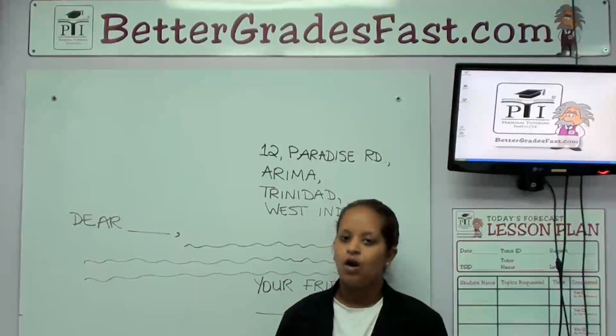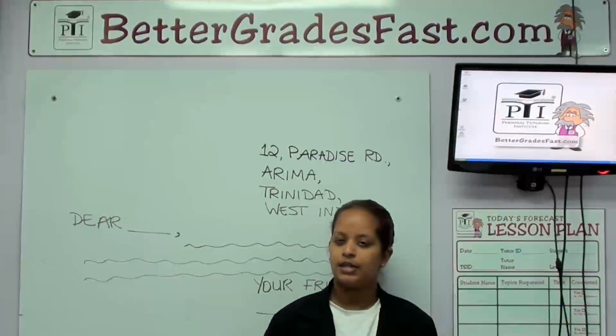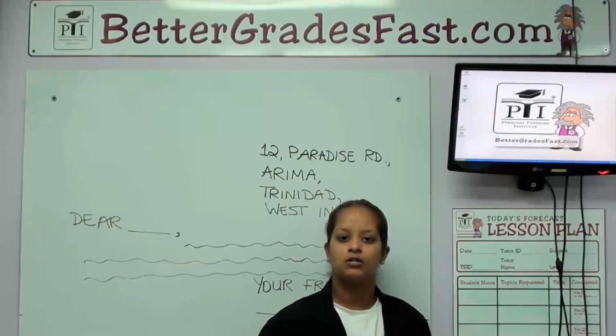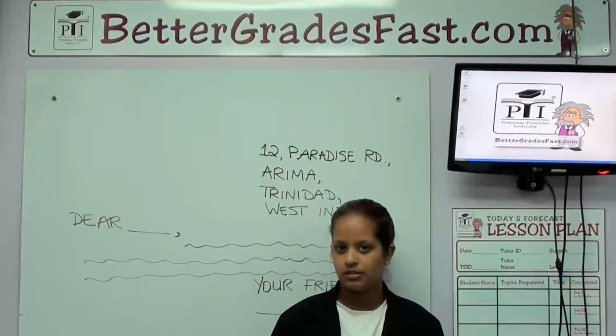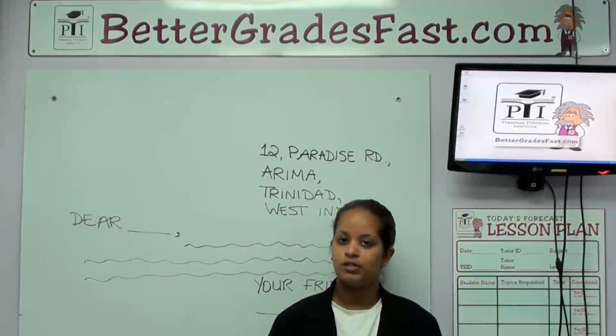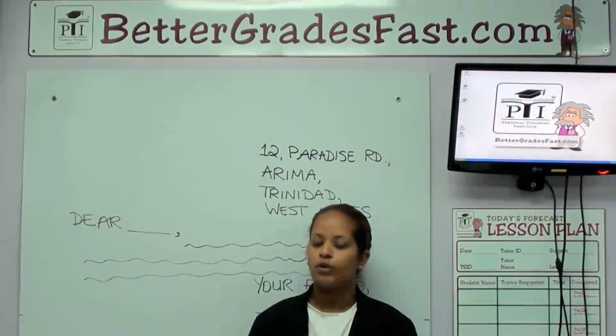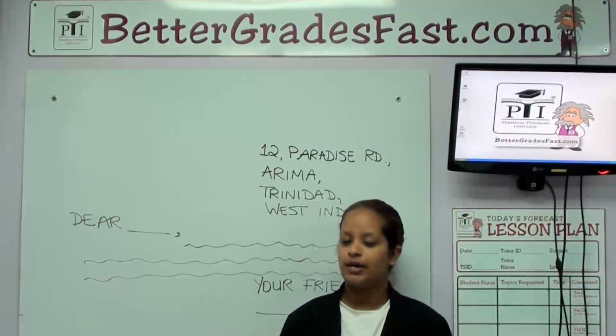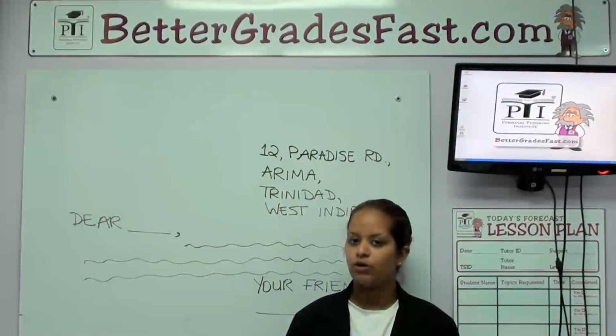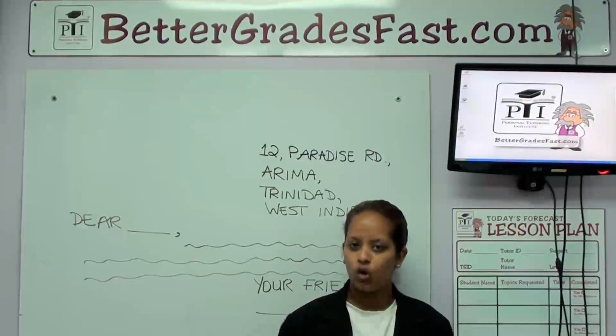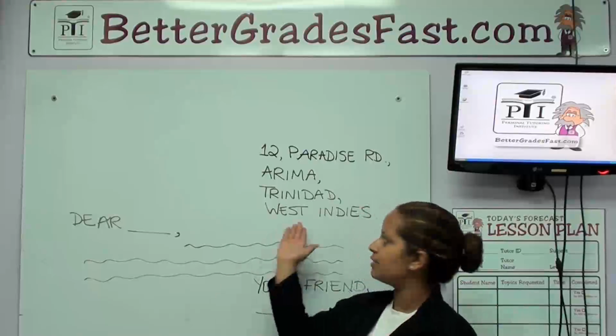However, just because these letters are based on positive activities, that doesn't mean that the structure does not have to be specific. With friendly letters, your address must be found on the right-hand corner of your page, as seen here.